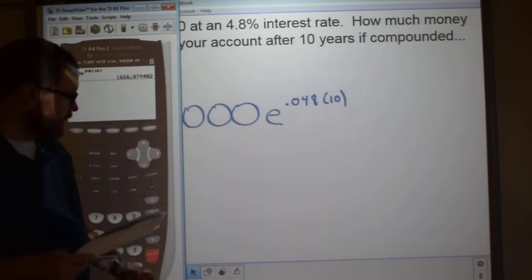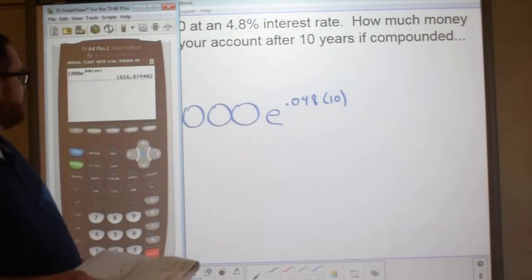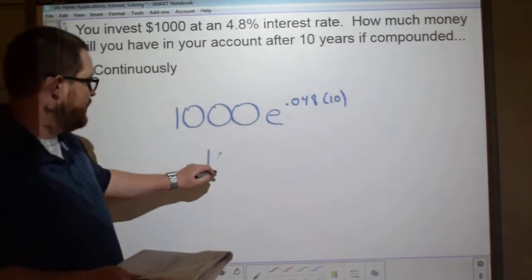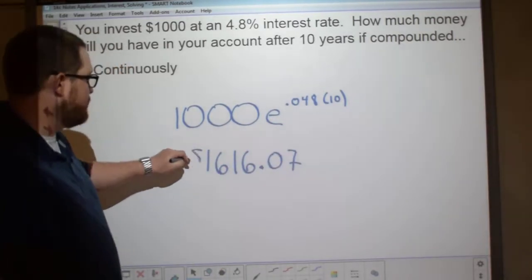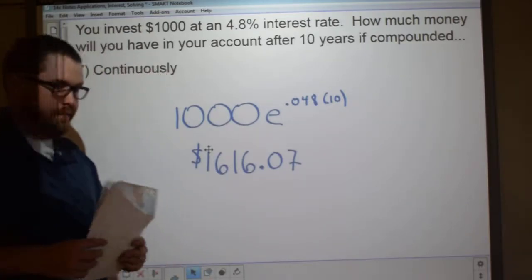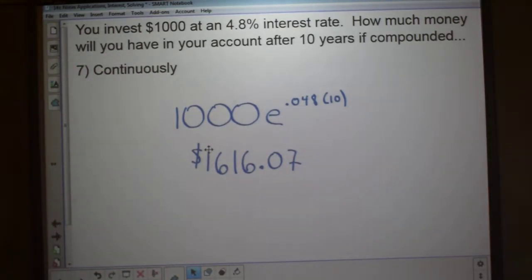And this is the most money that you can get, $1,616.07. It is the best possible solution for compounding. This is how other things grow, like populations, things like that.